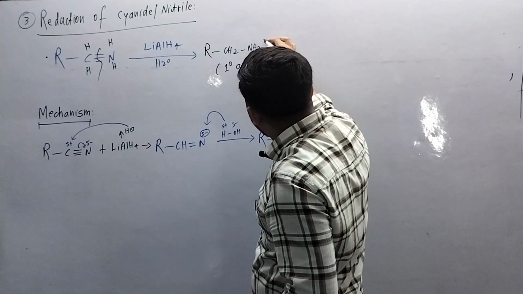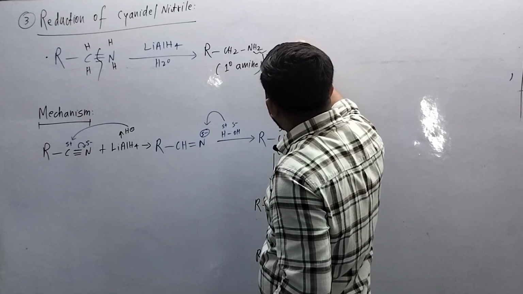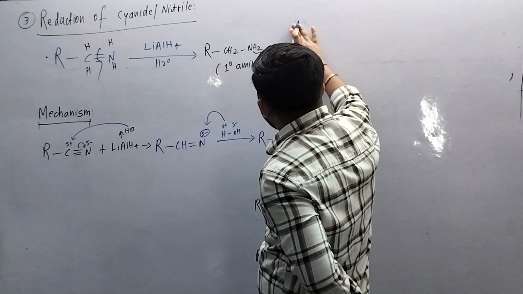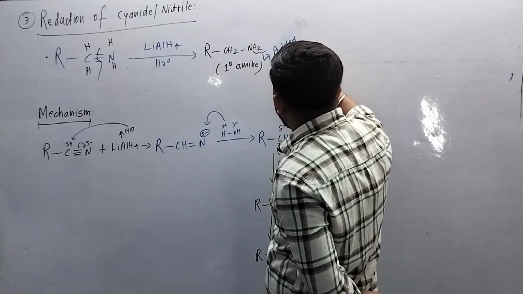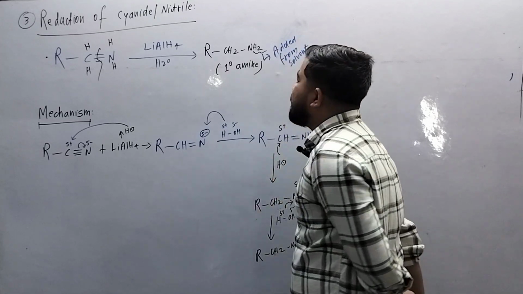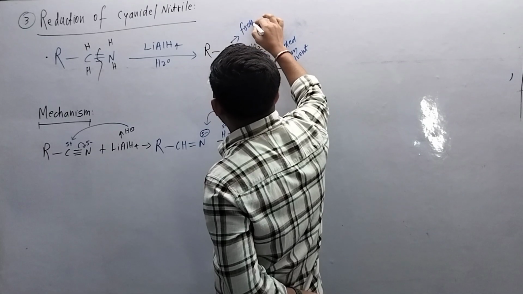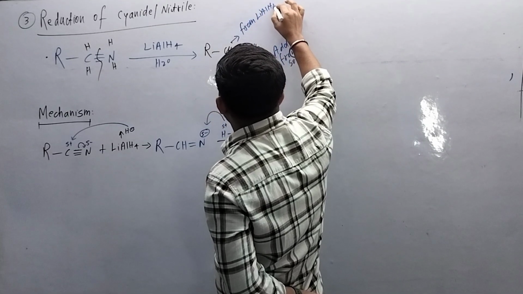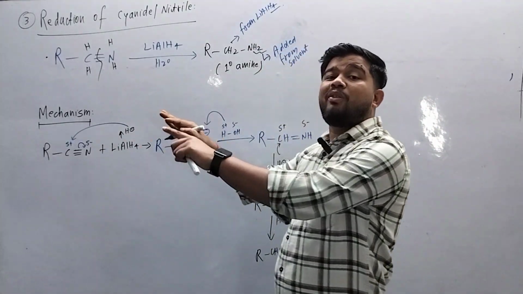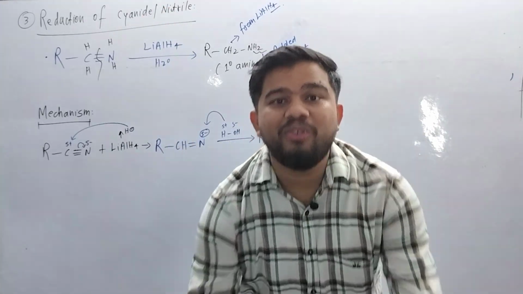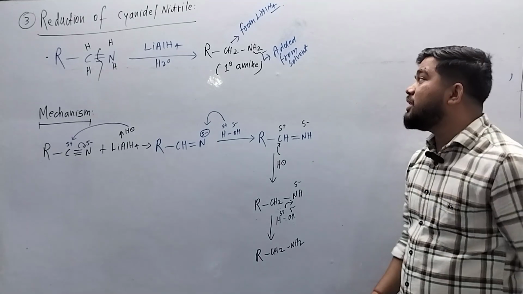Two hydrogens are added from the solvent water molecules, and the 2 hydrogens are added from lithium aluminum hydride. That is the reduction of our cyanide in the presence of lithium aluminum hydride.